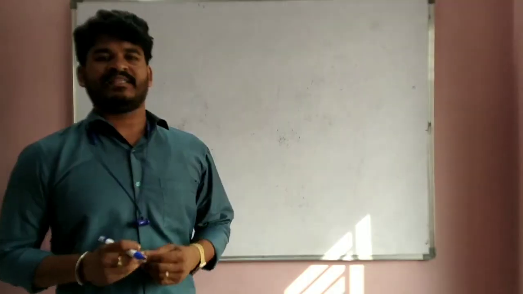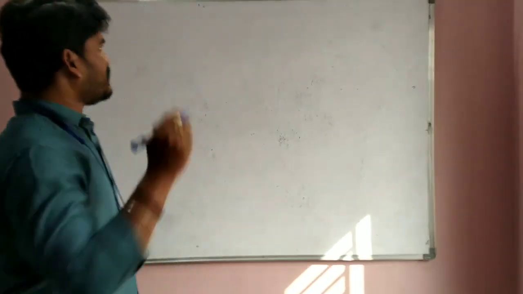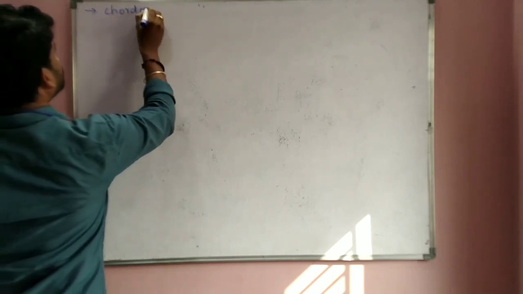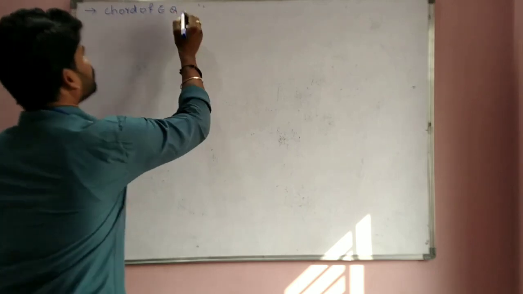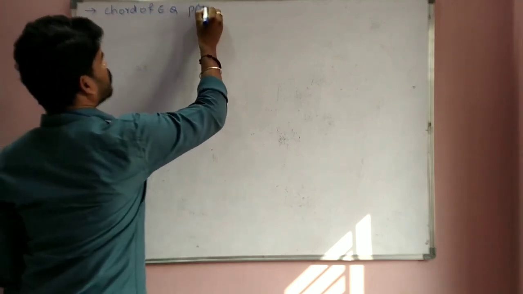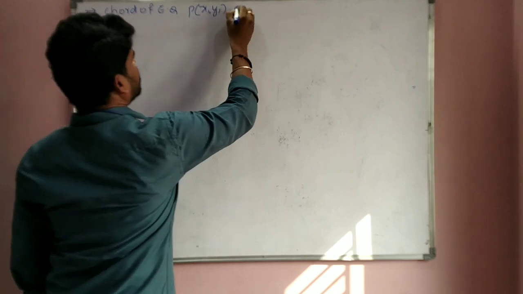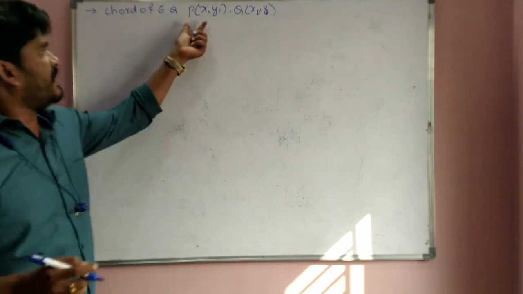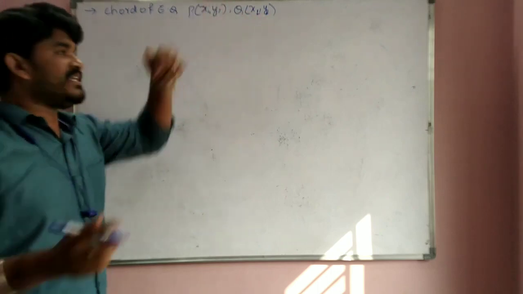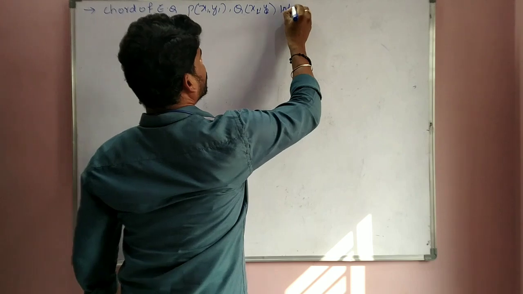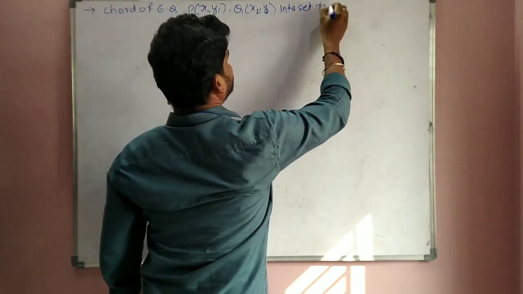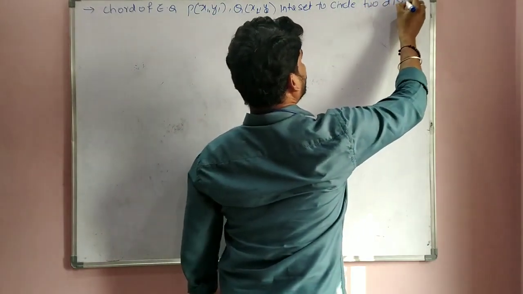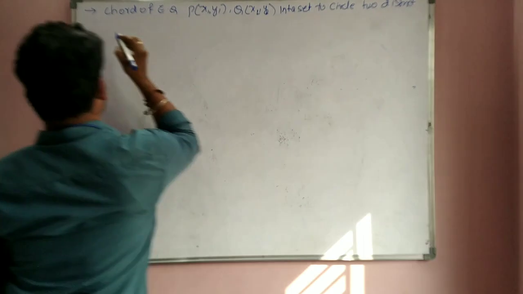Now, the equation of the chord. Where P is x1 comma y1 and Q is x2 comma y2, the points P x1 comma y1 and Q x2 comma y2 intersect the circle at two distinct points.